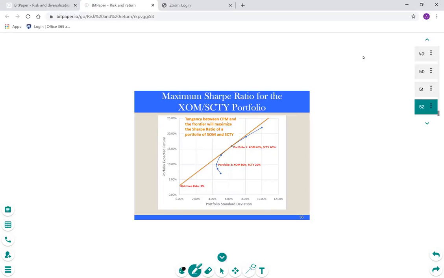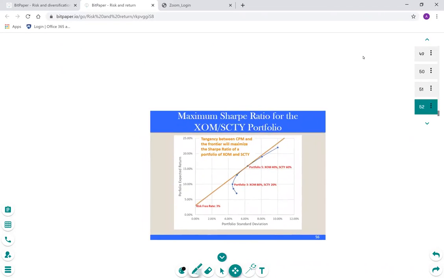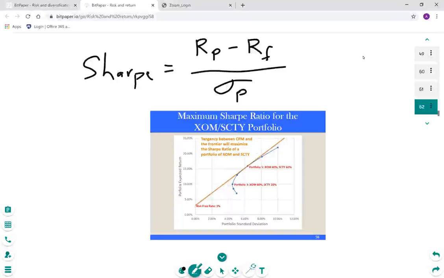We can actually see this mathematically if we remember that the Sharpe ratio is the return on the portfolio minus the risk-free rate divided by the standard deviation. That gives us a clue to why we can have this geometric interpretation of this yellow tangent line, this line that's tangent to the portfolio frontier.